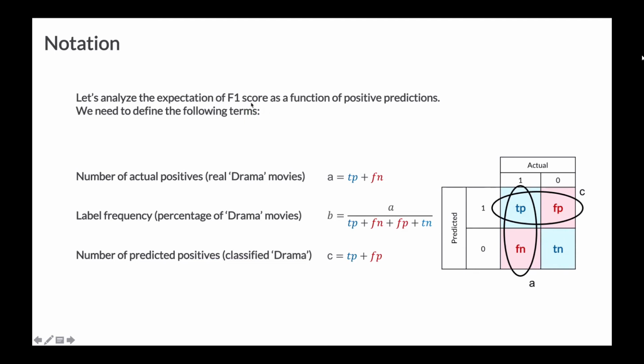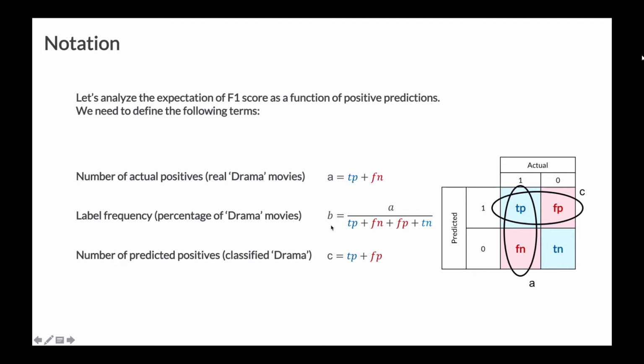It's because if we want to analyze the evolution of one score, how it behaves depending on the number of examples predicted positives, that I call here the quantity C, we need some notation. So C is the number of movies that were classified as drama. A is the number of movies that are actually drama.